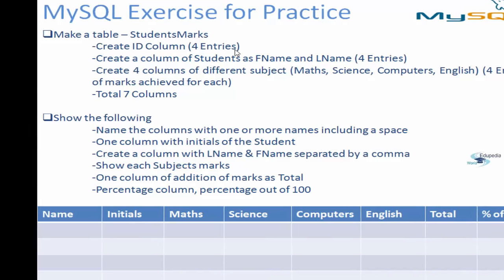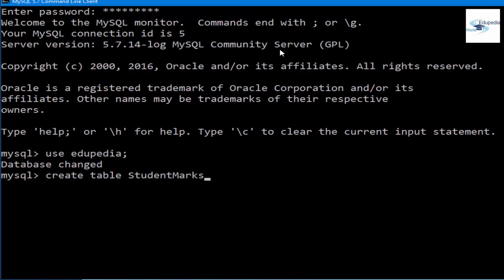Okay, so I'll be giving student ID as integer, and this will be not null, and we want it to be auto increment, right?